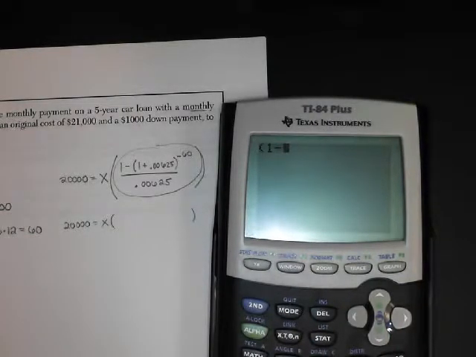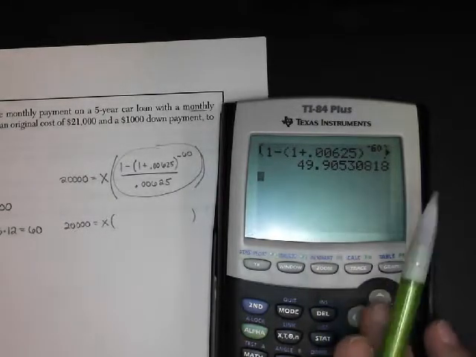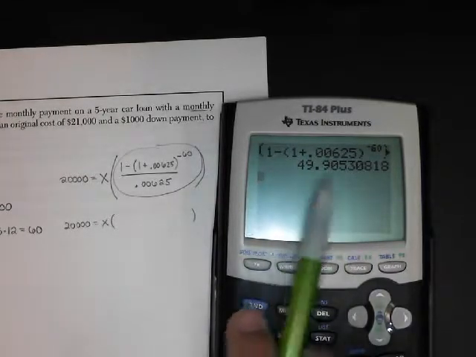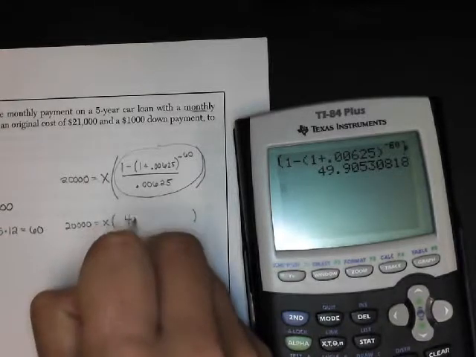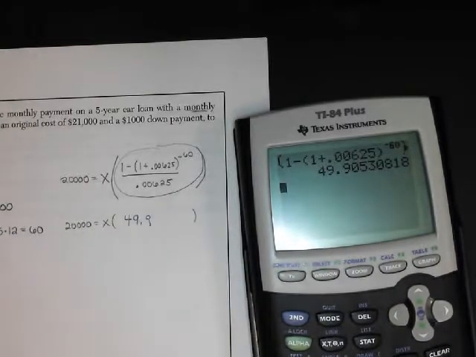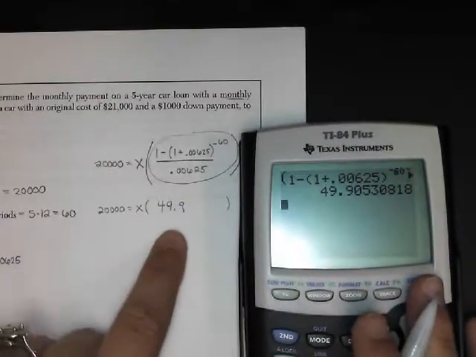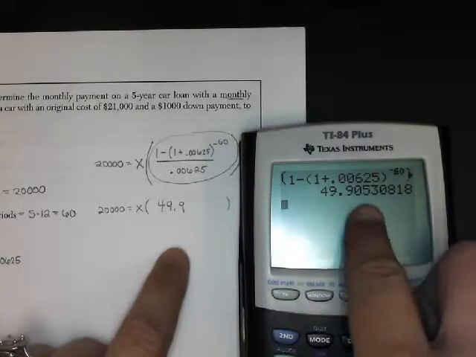So 1 minus, and then a second set of parentheses, 1 plus 0.00625, close the first set, raise it to the negative 60th, close the numerator, divided by, and I'll just keep my denominator 0.00625 in its own set of parentheses. And I get 49 point, and I'm only going to write down 49.9, but I'm not going to use that rounded number. I'll use the full one to do my calculation.